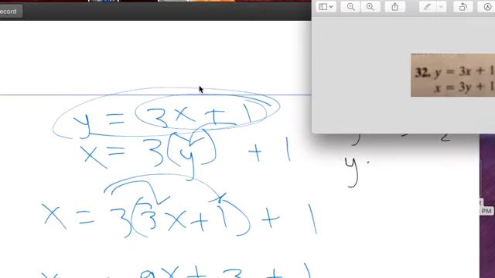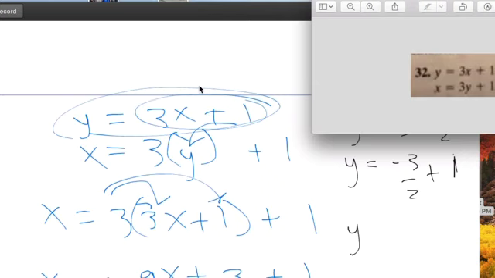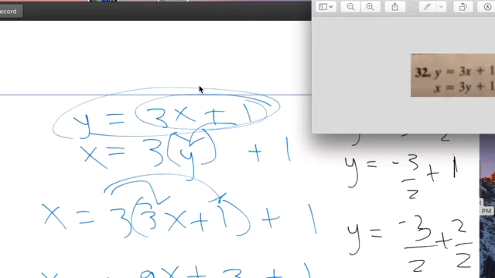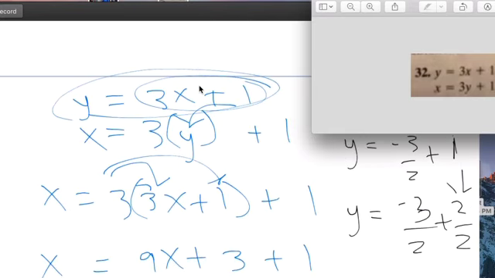Well, y equals to negative 3 over 2, add 1. One common denominator is 2, negative 3 over 2, add 2 over 2. That's one whole, okay? So y is also negative 1/2.